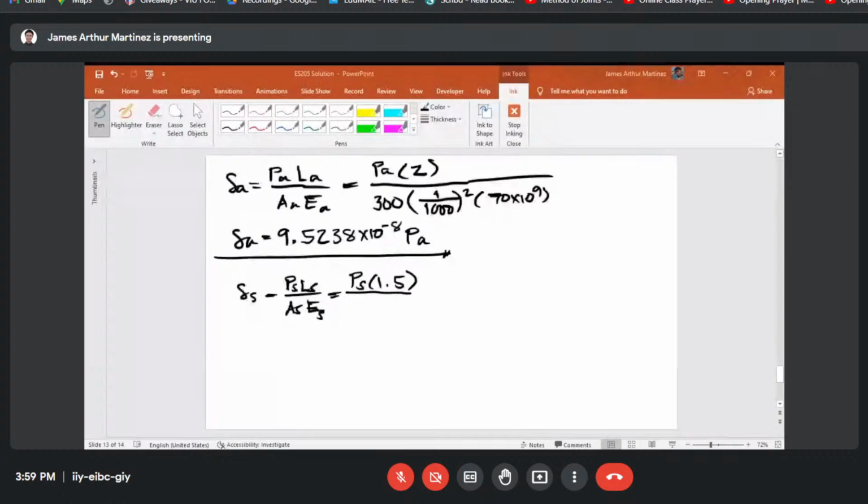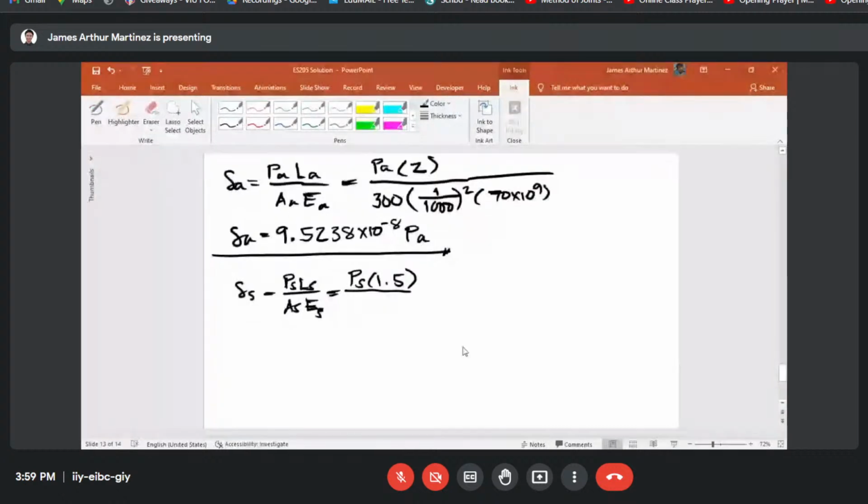Okay, anyway, back to the cross-sectional area of steel for computing. So 900 millimeters squared, you have 1 over 1,000 as our conversion factor, times the modulus of elasticity of steel, 200 gigapascal.